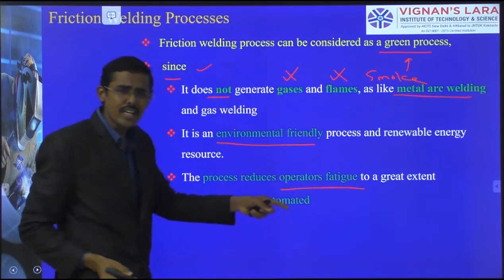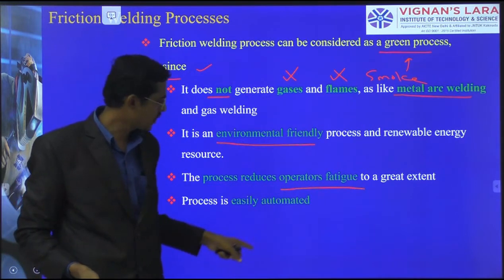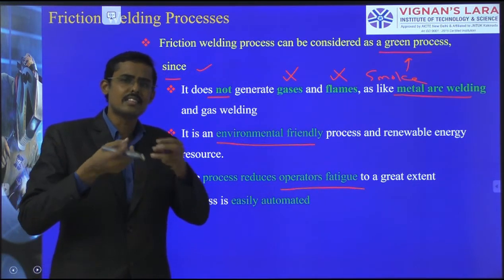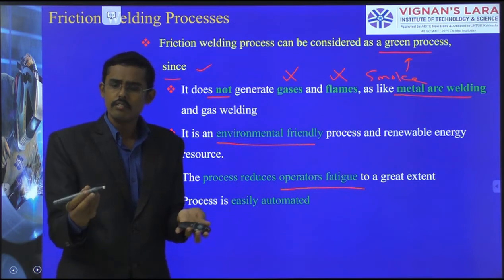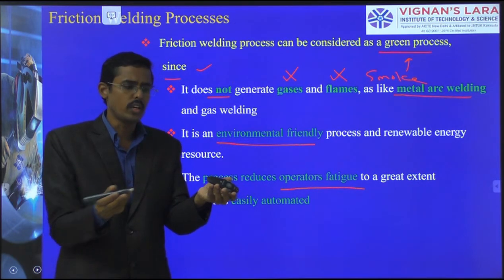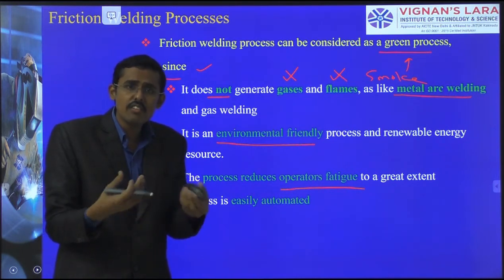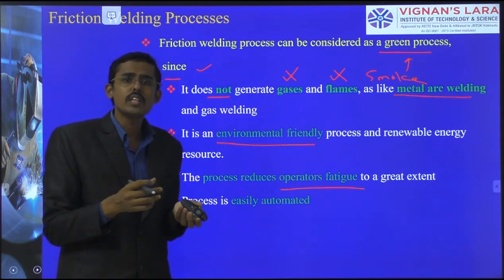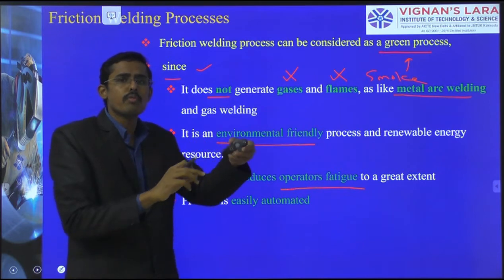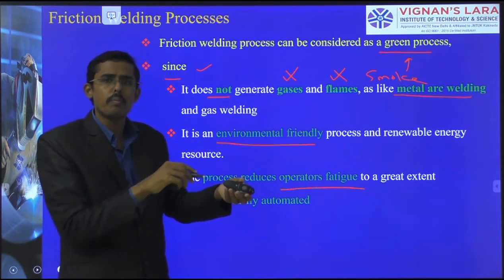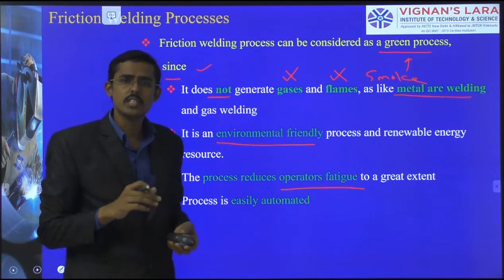And the process reduces operator fatigue. Why? Because it is automatic. Consider it as a lathe setup. We have two objects. We fix one, one is rotating, one is coming nearer, and we are going to weld. The machine itself will do the job. The only thing we have to do is set the RPM of rotation and how much pressure we have to apply. Those things we set in the machine setup.